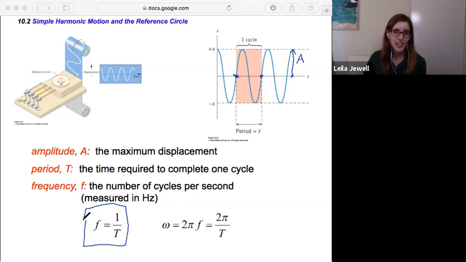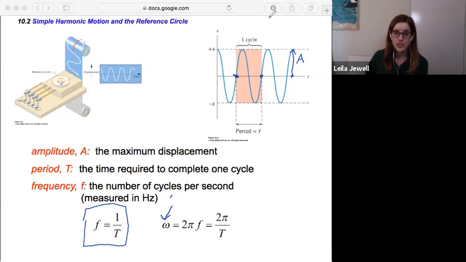Now, it turns out our angular speed can also be written in terms of frequency. So omega is equal to 2 pi times our frequency, which is equal to 2 pi over T. And this is known as the angular speed or as the angular frequency.